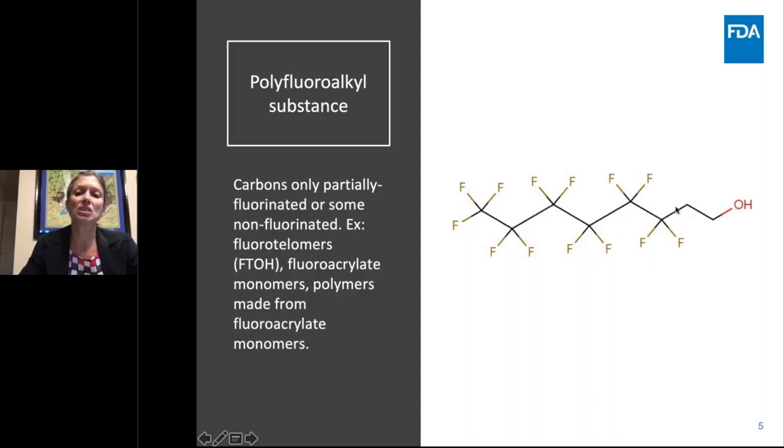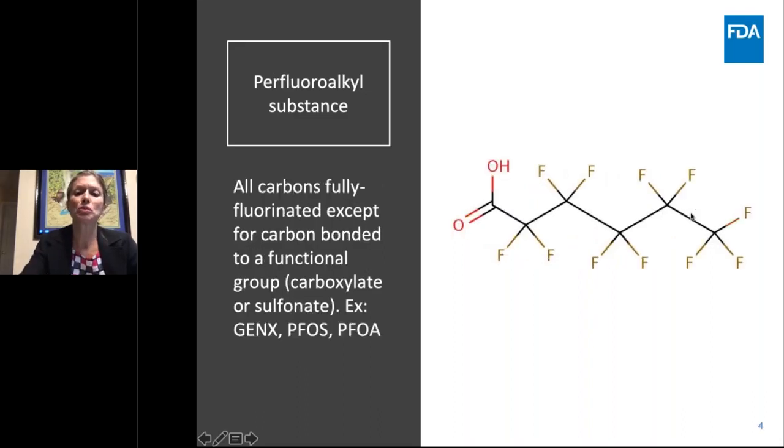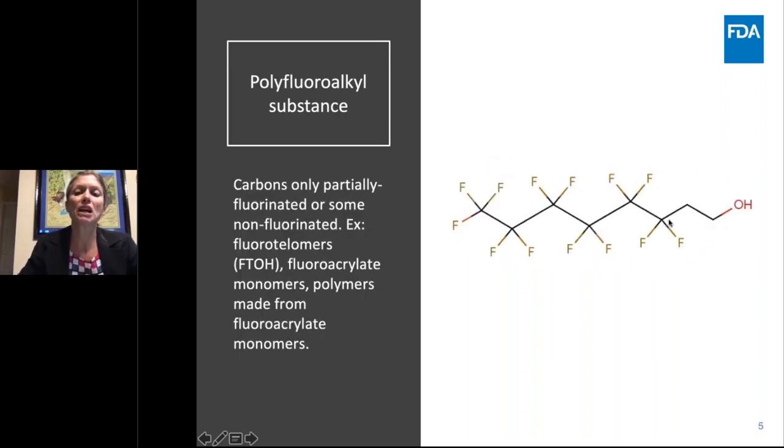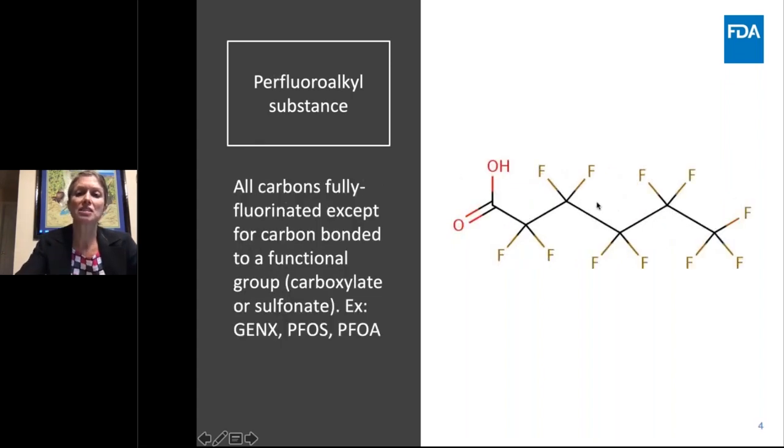And the significance of this is that with the perfluorocarboxylate, no metabolism can occur. Whereas when you have a polyfluorinated compound, you can get metabolism. So this can be transformed into a number of different compounds. And so, as one would expect, you would think, well, it's possible that this particular class of compound might behave differently in the body than this compound.